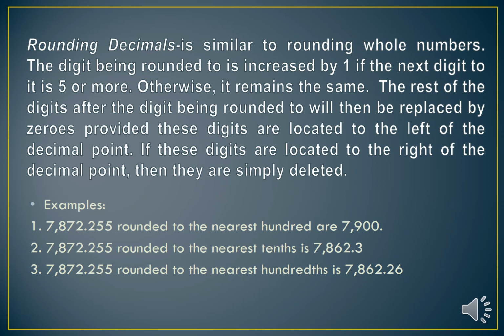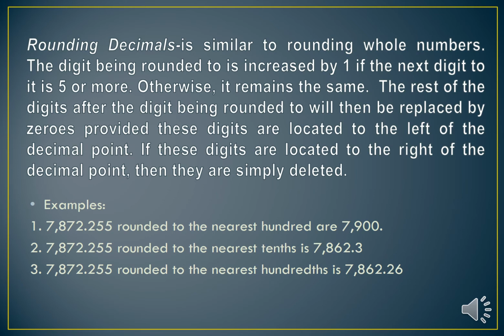Since the digit next to 2 is 5, and the rule says that if the digit next to it is 5 or more, we increase by 1, so 2 will be 3, and then the 55 becomes 0. So the answer is 7,862 and 3 tenths. How about round to the nearest hundredths?